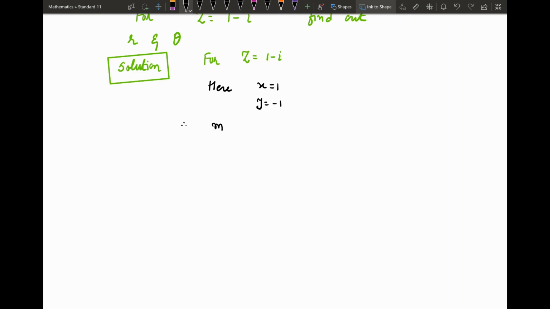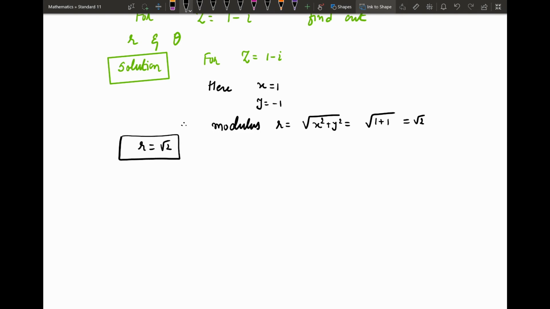Therefore modulus r equal to under root x square plus y square, that is under root 1 plus 1. X is 1, y is minus 1, so x square plus y square, this is root 2. So modulus r equal to root 2. Always we will take positive square root.